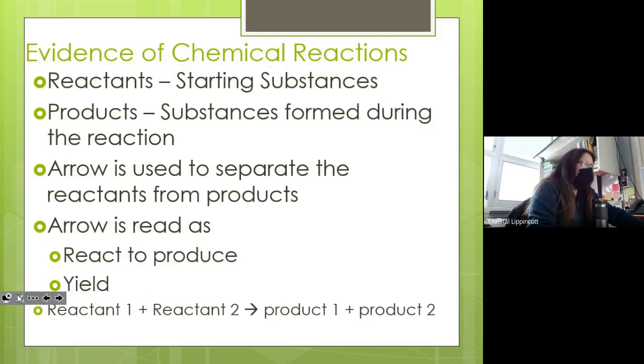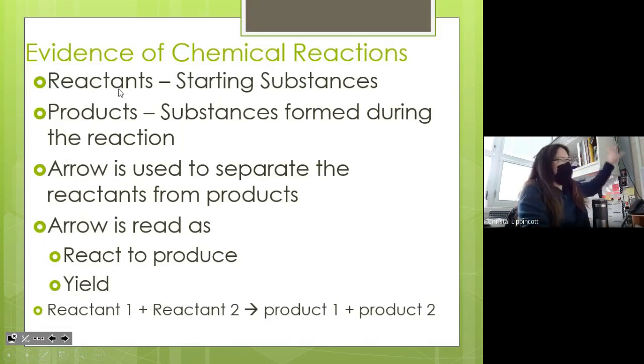On the left side of our equation, we have reactants, and then we have products on the right side. And then we use an arrow to separate those. That arrow is read as reactant 1 plus reactant 2 yields product 1 plus product 2. Sometimes they'll say reacts to produce, but commonly yield is what it is.